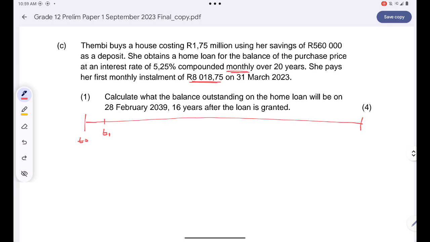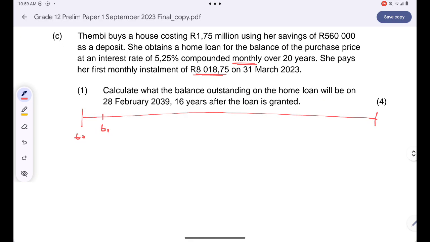Always remember, the frequency of your payments should always correspond with the compounding of your interest. You cannot have a quarterly interest whereas you pay monthly installments. If that's the case, the first thing you need to do is change that interest into a monthly interest so that it corresponds with the frequency of your installments.